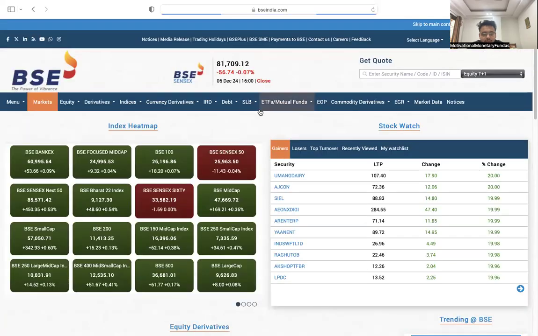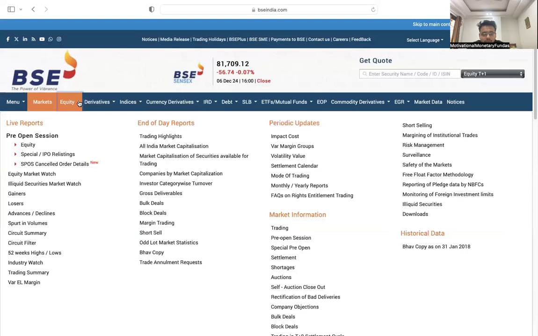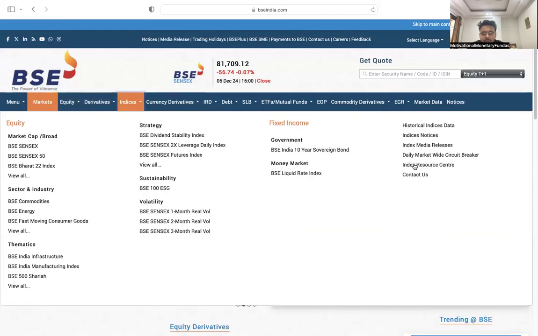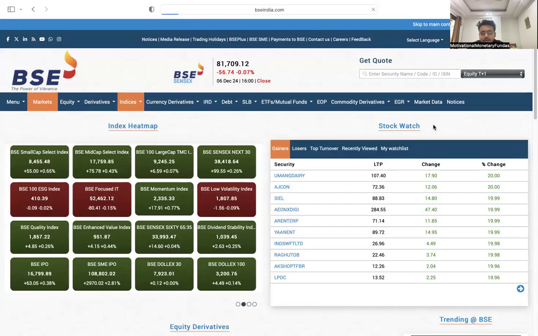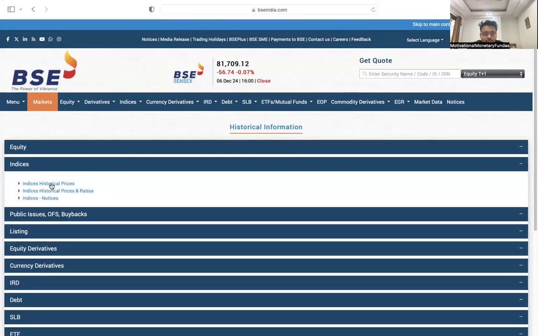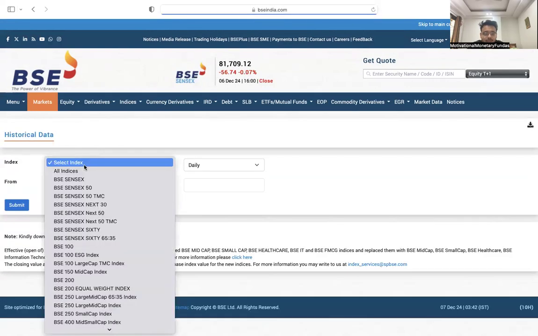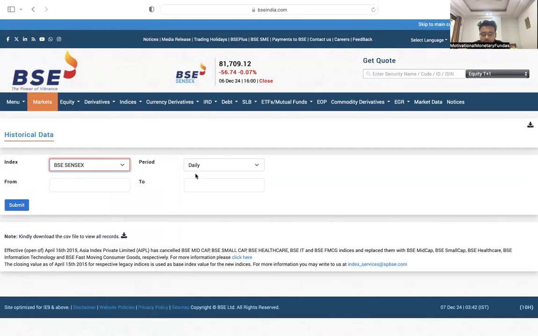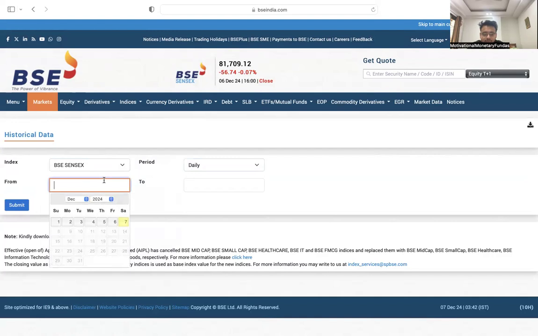Go to markets. Go to the equity section. If you go to indices also, in indices you have this historical indices data. Going to historical indices data, again going to indices historical prices, you can select whatever index you want, daily return, monthly return, yearly return, and the selected time period.